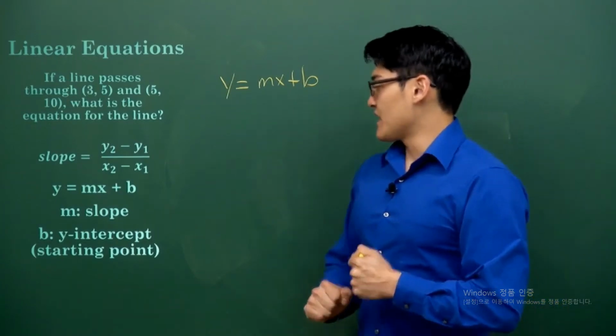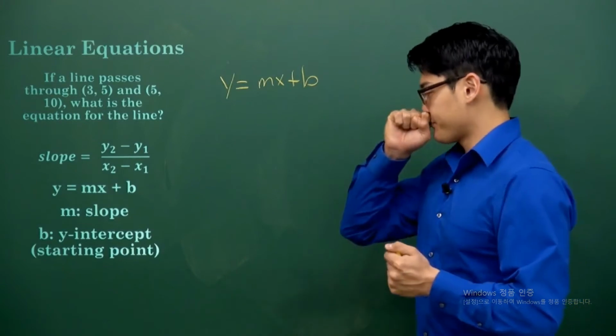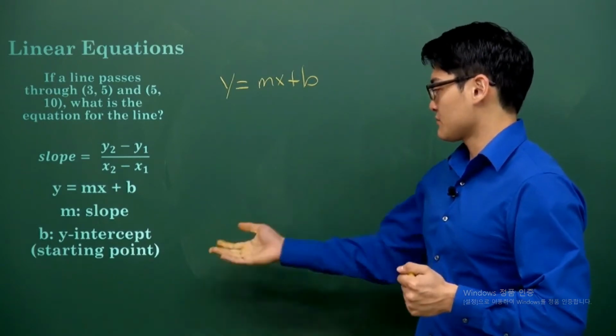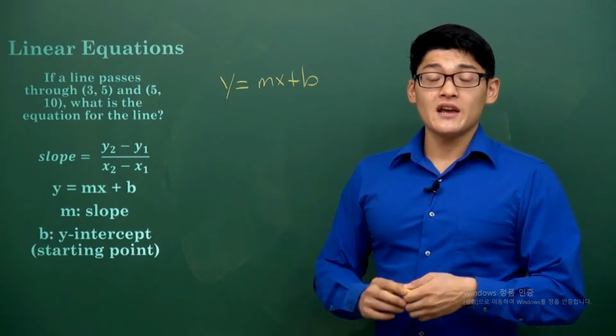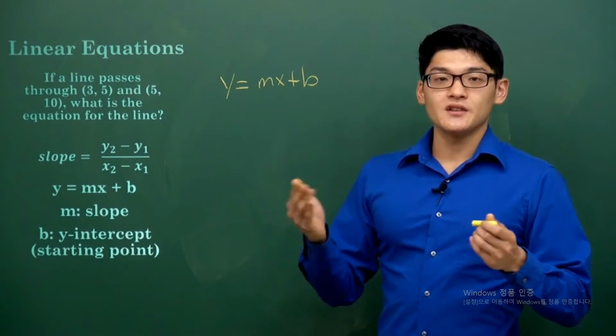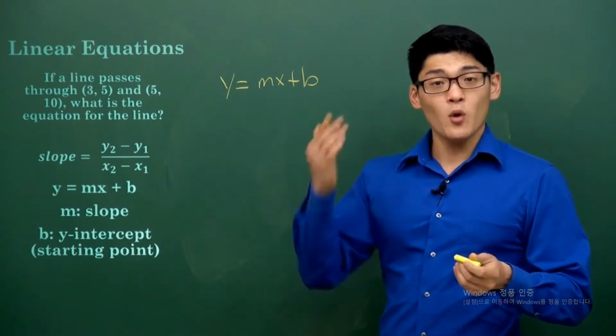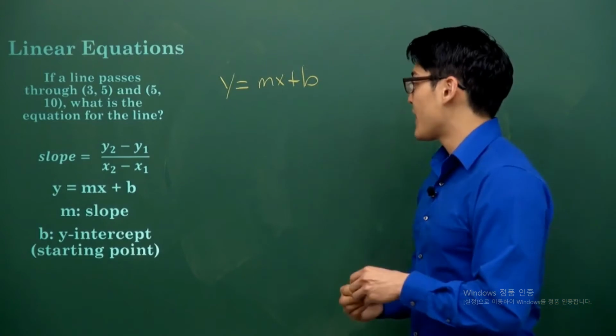And then b is the y-intercept, or the starting point. You'll have a lot of story problems that may deal with the y-intercept. And you also have to think, well, in a linear equation, b is equivalent to the y-intercept or just the starting point for word questions. So bear that in mind.